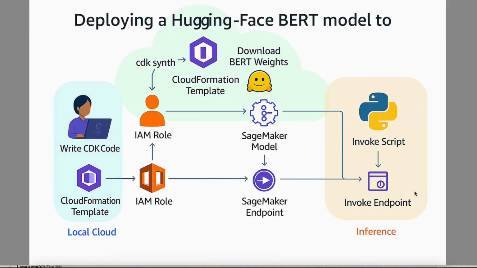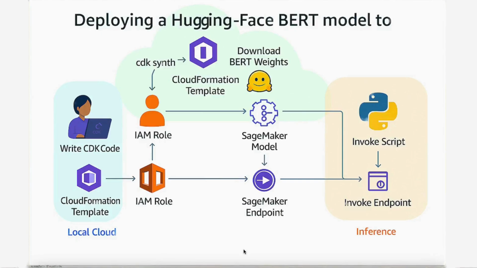On the right-hand side, under inference, we have a Python script that invokes the SageMaker endpoint. In real projects, we configure something like API Gateway, Lambda, ECS, etc. to invoke this endpoint. But for the purpose of this demo, I have created a small Python script to invoke it. The script sends a small JSON payload containing the text, for example, "I love using AWS CDK with SageMaker."